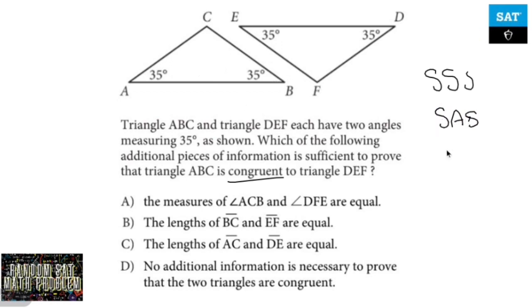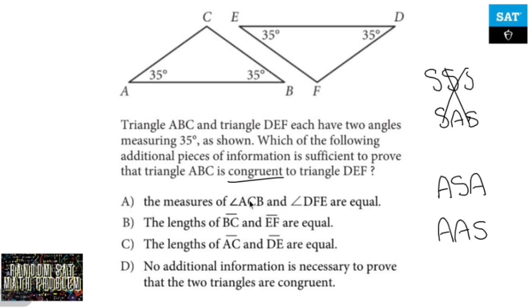I have 2 angles. So my other 2 options are going to be if I have an angle, an included side, and an angle, I can show that these 2 guys are congruent. Or I could do AAS, which means I can have 2 angles that are congruent and a non-included side, and that would be sufficient evidence to show that these 2 guys are congruent.